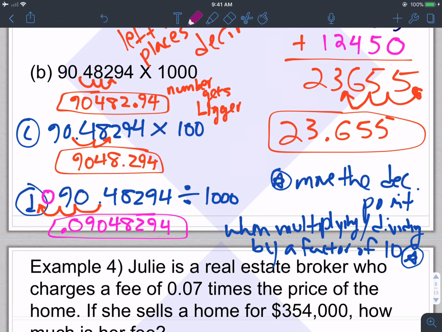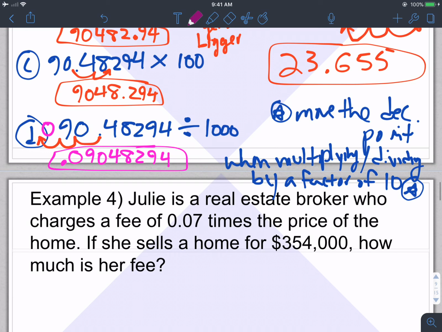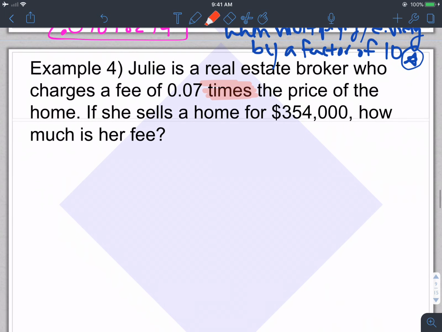All right. Julie is a real estate broker who charges a fee of 0.07 times the price of the house. That's the same thing as saying 7%, but that comes in a later chapter. If she sells a home for $354,000, how much is her fee? Keyword. So add, subtract, multiply, or divide.